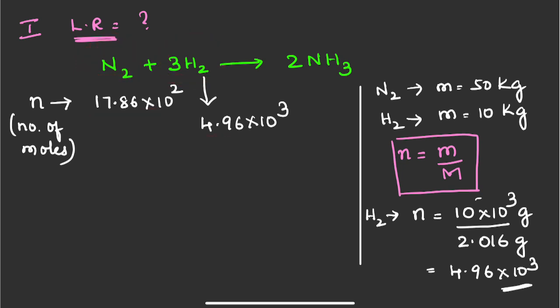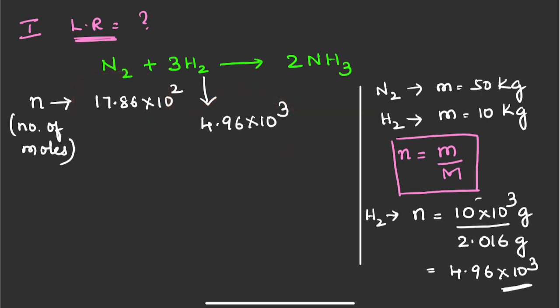In the question it is given that initially we are taking these many moles of nitrogen and hydrogen. The limiting reagent is whichever is taken in smaller quantity. So we have to find which is taken in smaller quantity.